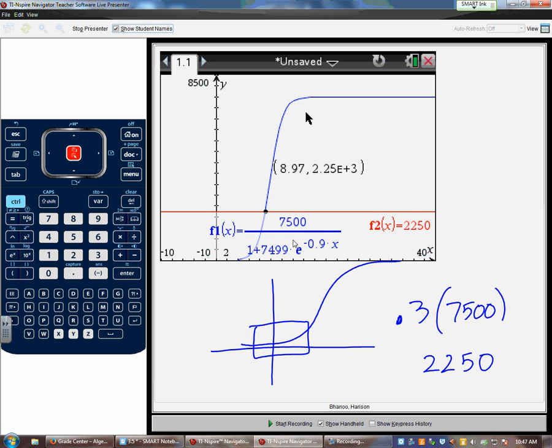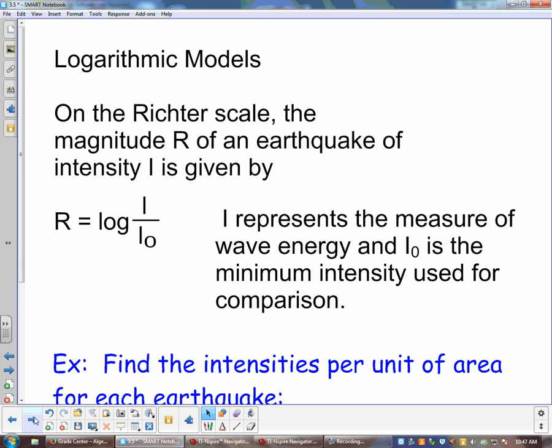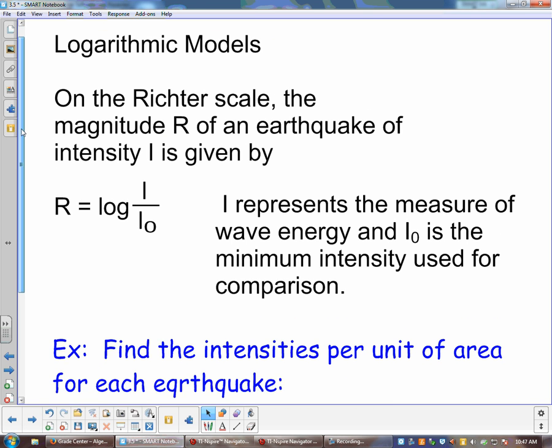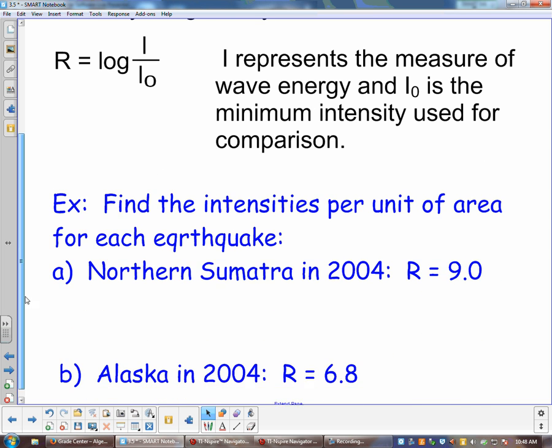All right. Let's see. Going back to this. Now, the next thing is the logarithmic models. We did already talk about the Richter scale and earthquakes. Yes? A little bit? All right, so we have this model, R equals log of I over I sub 0. That's the letter I, where I represents the measure of wave energy, and I sub 0 is the minimum intensity used for comparison purposes.